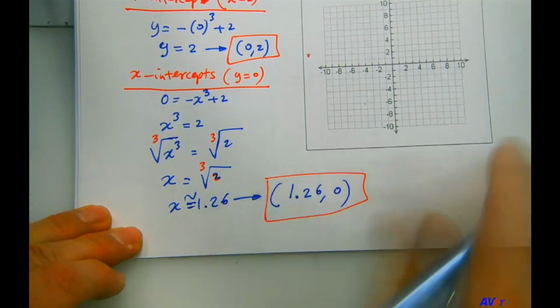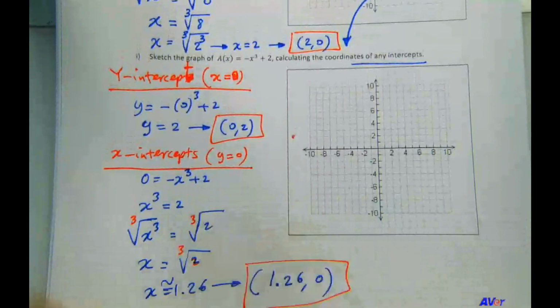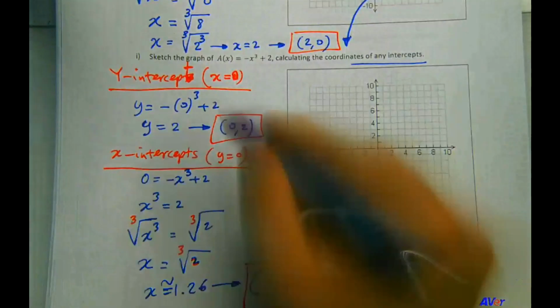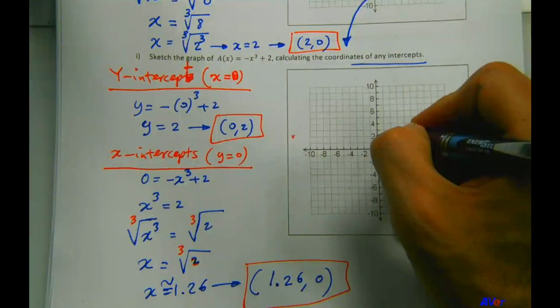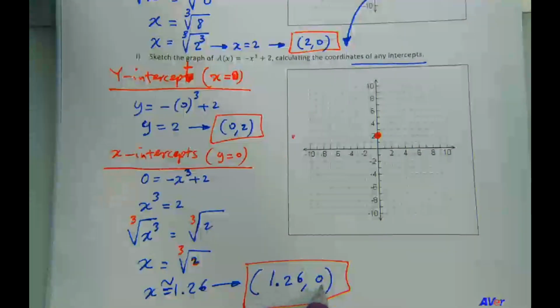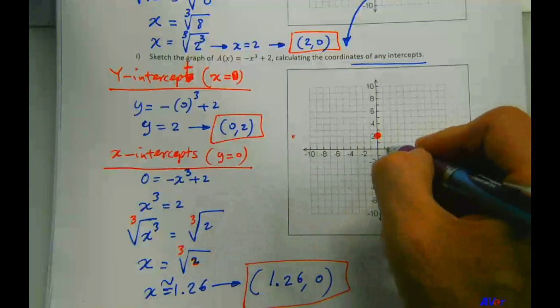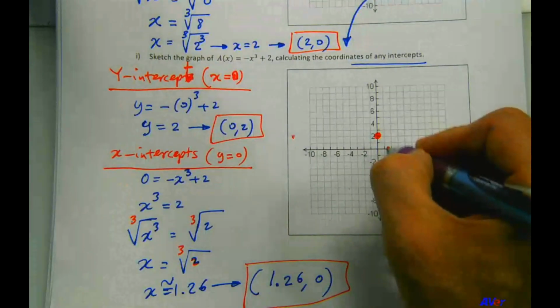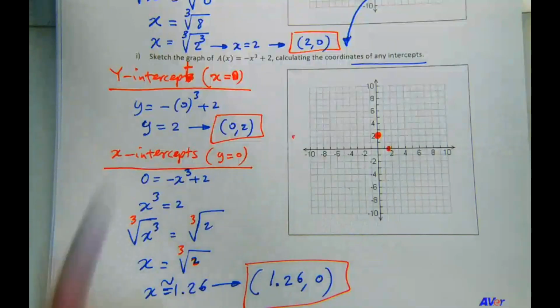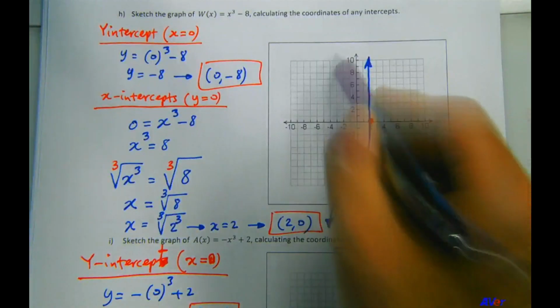So we have everything we need. Let's plot these 2 points. 0 comma 2 would be here. 1.26 comma 0 would be somewhere between 1 and 2, right there. Right? And because of this minus, the cubic function is going to be flipped this way.